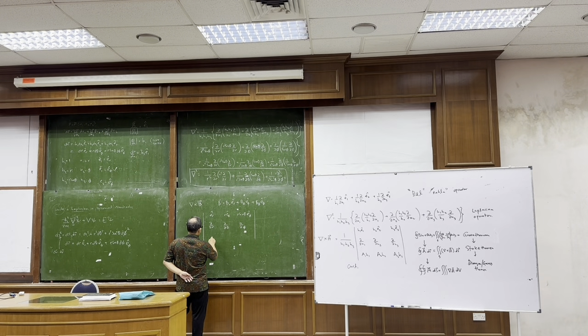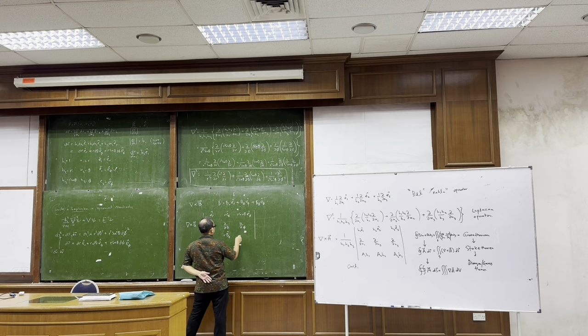Now the combination within this, just plug in. For B, we have B_r, there's nothing else multiplying it, so B_r only. Then r B_theta, and then r sine theta B_phi.